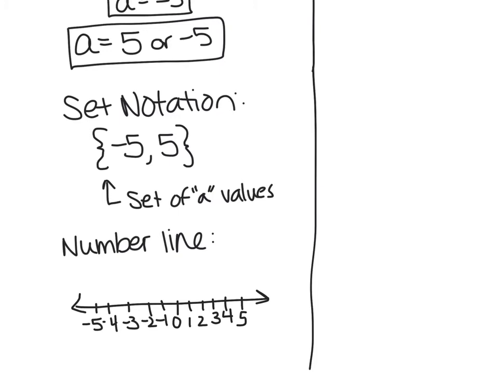I would have points at negative 5 and positive 5. You can put them right on the line if you want. I tend to put them above just because if the number line is really dark and you can't see your pencil over it or something like that, you can definitely see them this way. So then we'll do our other example. And so if there was just one solution here, you could just have one item inside the set notation and you would have just one dot on your number line.